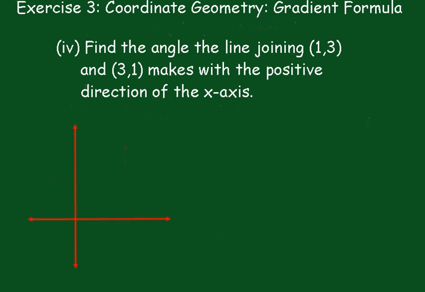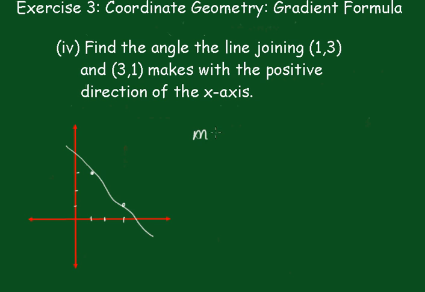Alright, now in this one here, I'm going to plot the points. You don't have to, but it just makes it a little bit easier to see if you've got the correct gradient or not. So now we're going to have 1, 3 up here, and 3, 1 here. And you can see, I think, that you're going to have a negative gradient. It's a nice little check step, that one.